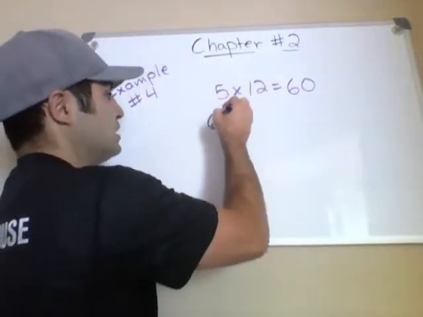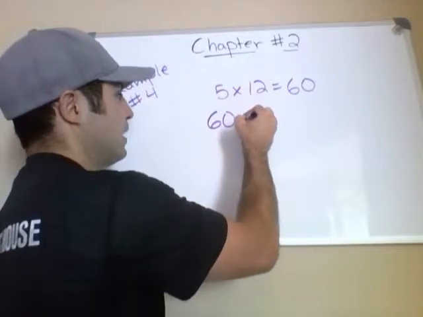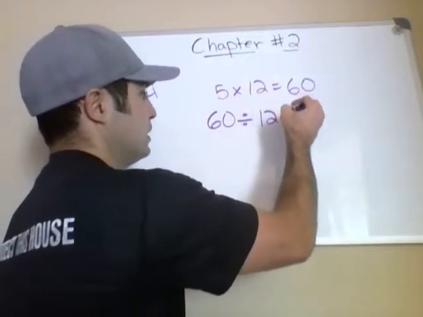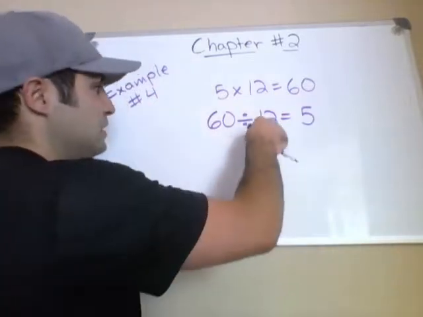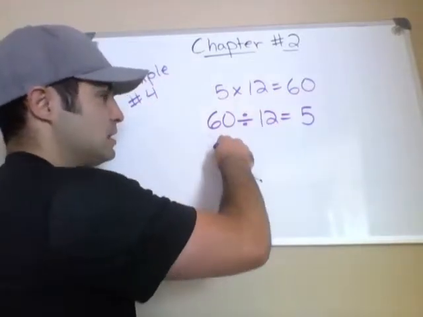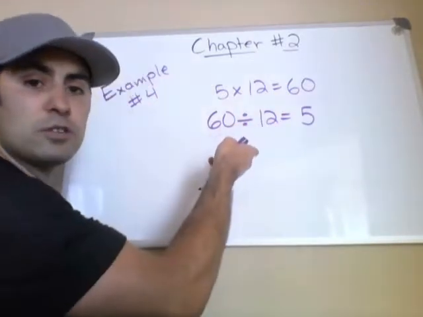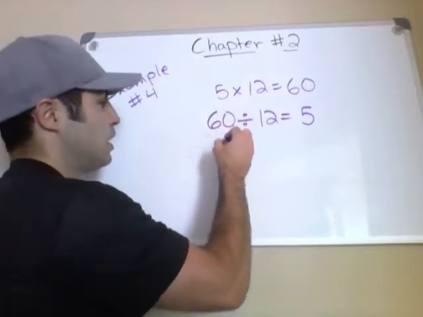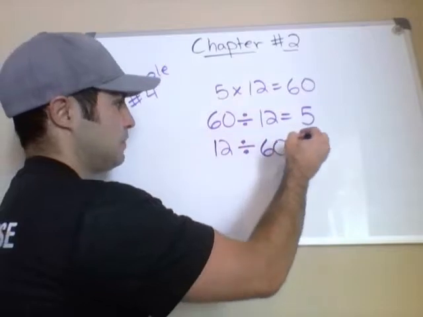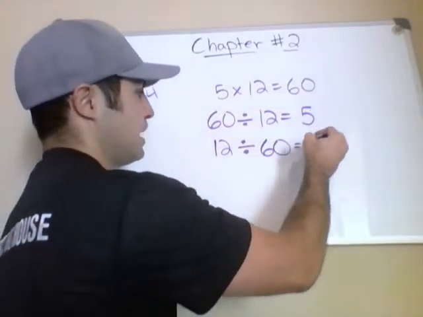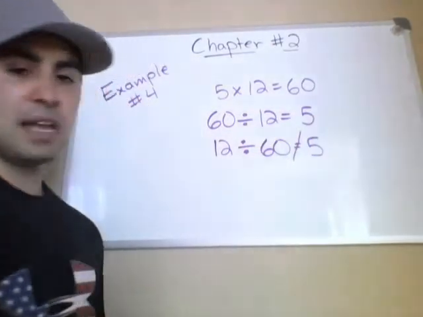So we know that 60 divided by 12 is 5. But this is the divisor, and this is the dividend. I cannot switch those around. I can't say 12 divided by 60 equals 5. This is not a true statement.